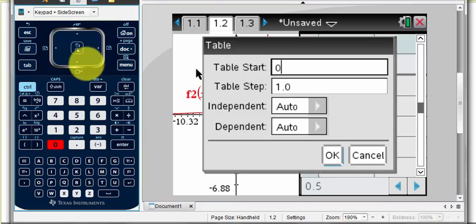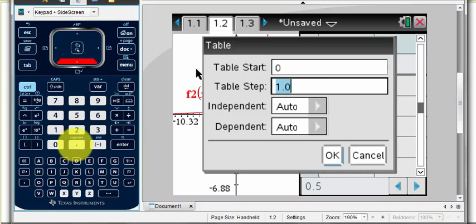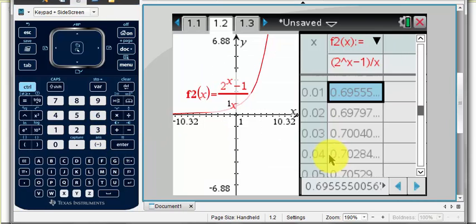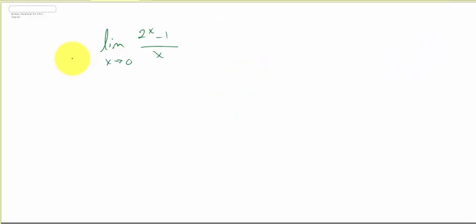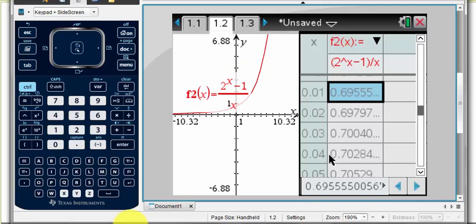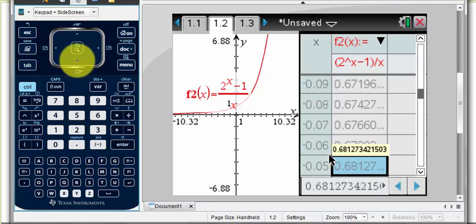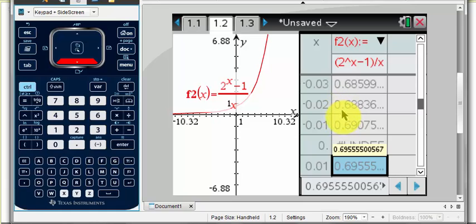So I'm looking at x equals 0, and I'm going to go 0.01 this time. So what's happening there?